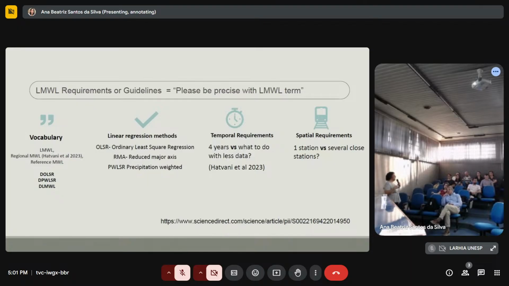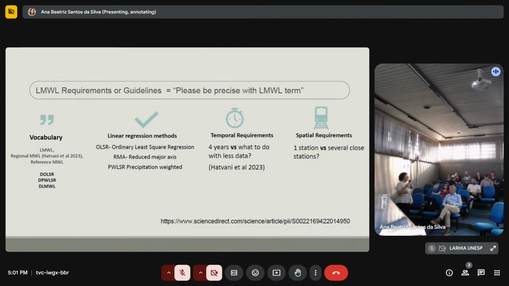And during this coordinated research project, some of the discussions are related to the vocabulary: local meteoric water line, regional, daily, monthly, because the regression line should aggregate all this information.